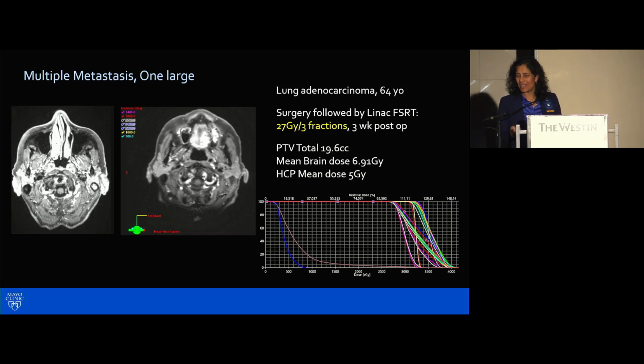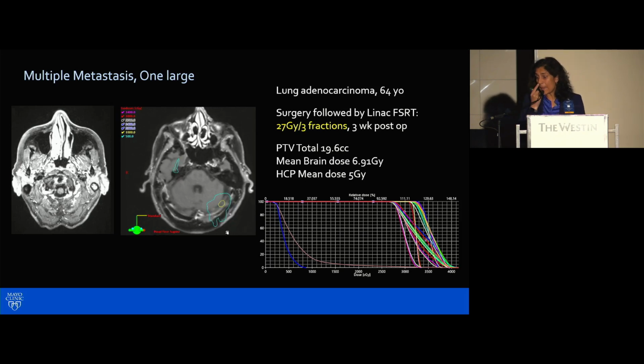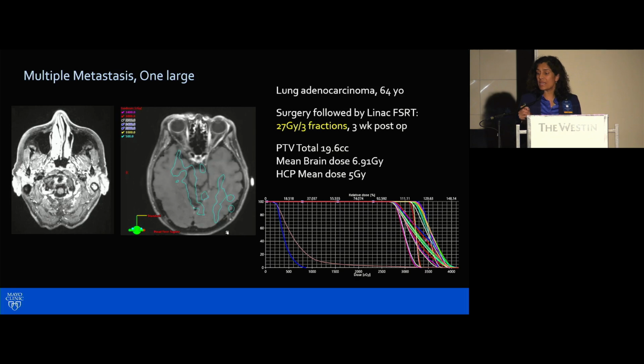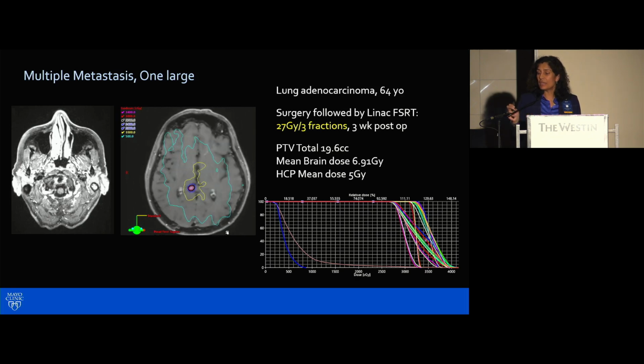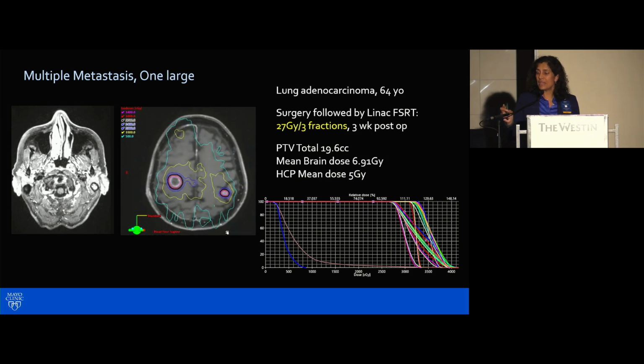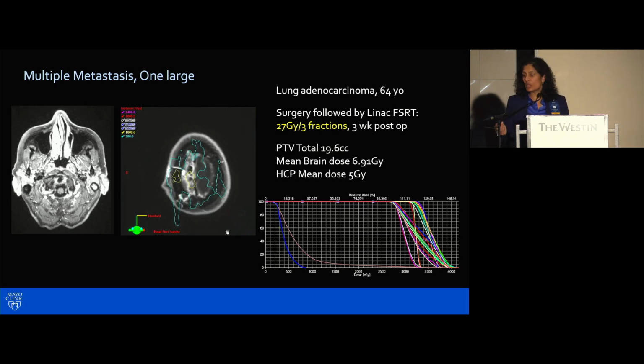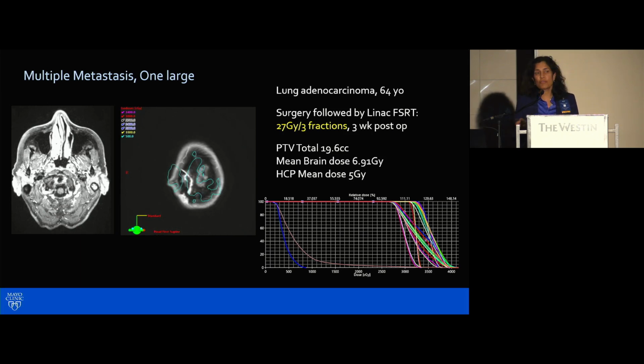Oh, there it goes. Aha, yes, so there's the plan for a patient who had multiple brain metastases, and you'll see little areas of hot spots showing up all over the place, and then up at the very top, there's a big cavity. So in this particular patient, it was a 64-year-old patient with adenocarcinoma of the lung, and because of the size of the cavity, we ended up doing 3 fractions.